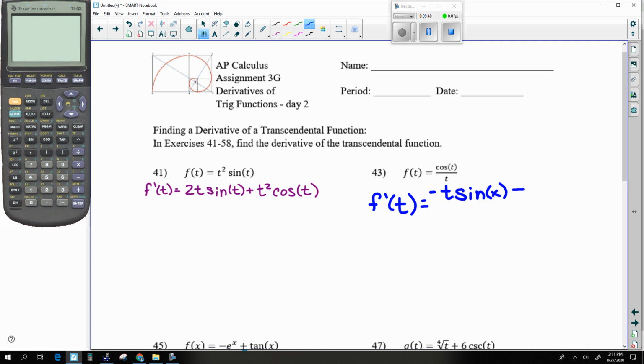Now I'm going to have to take the derivative of the bottom. The derivative of the bottom is 1. Leave the top alone. So as I was saying, this is minus, derivative of the bottom is 1, and then leave the top alone, all over the bottom squared.